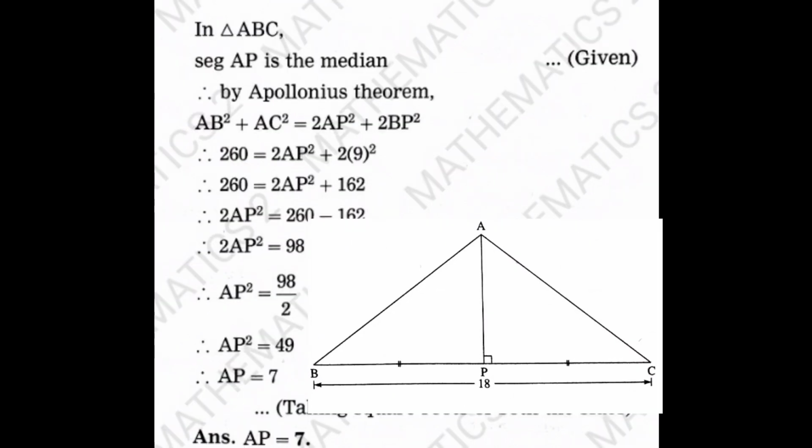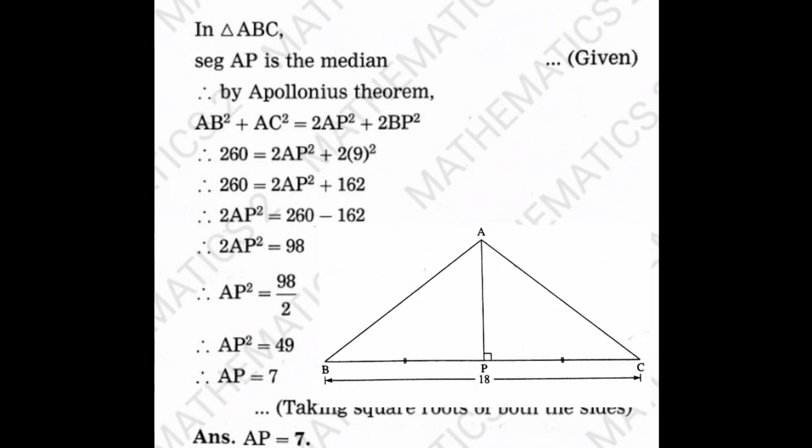Now in triangle ABC, look at the triangle. Segment AP is a median. So by Apollonius theorem, AB square plus AC square is equal to 2AP square plus 2 BP square. AB square plus AC square is 260, which is equal to 2AP square plus 2 into the value of BP, which is 9. So 2 into 9 square. Therefore 260 is equal to 2AP square plus 162.